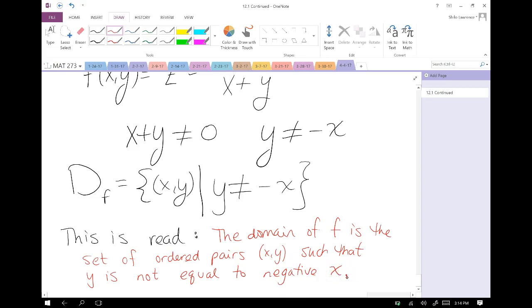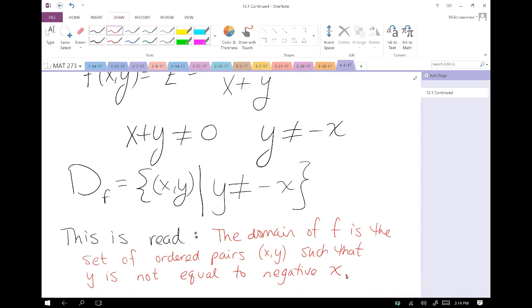So the brace means we're dealing with a set of numbers. Since it's a function of several variables, we've got two independent variables, so our domain consists of ordered pairs. That vertical line means that we're about to start stating the restrictions. So it means such that.